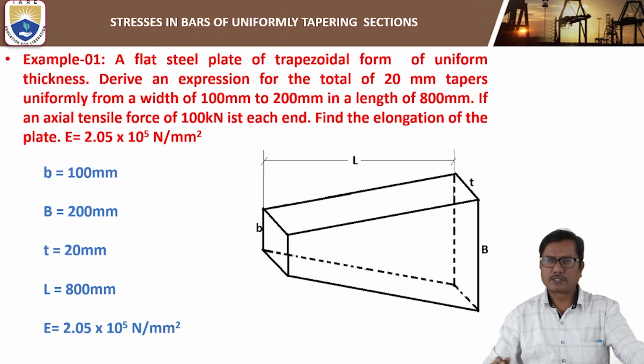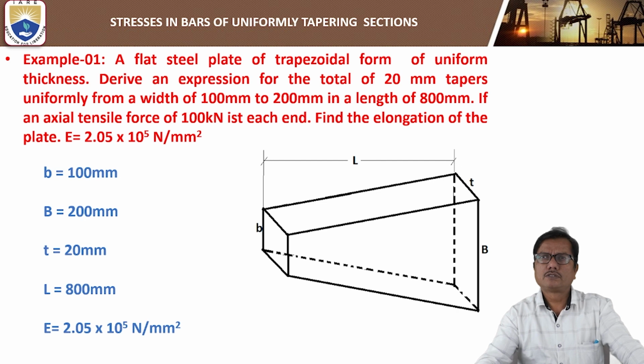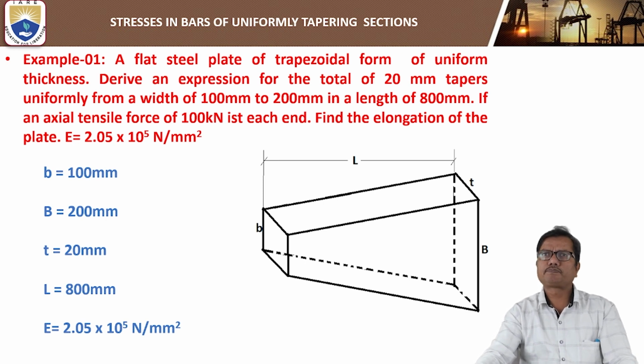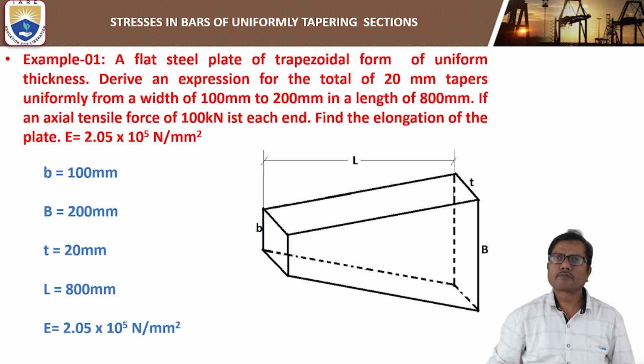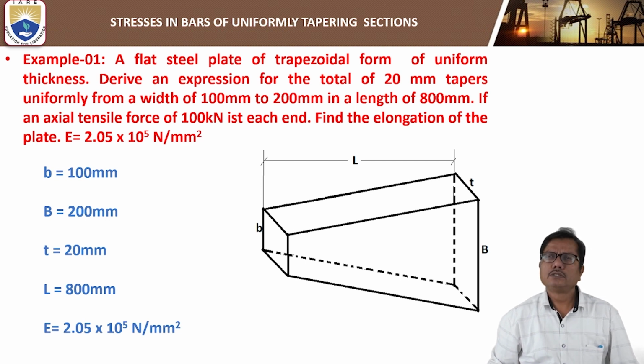The cross section changes uniformly, linearly from one end to the other end. That is a uniformly tapering section. The cross section may be either circular or rectangular.